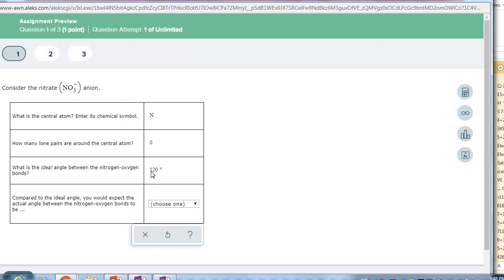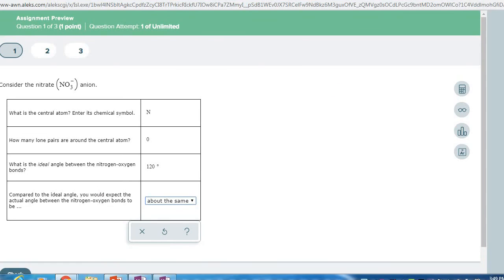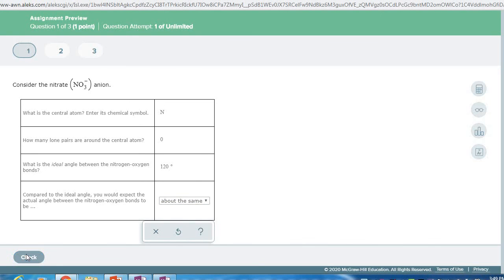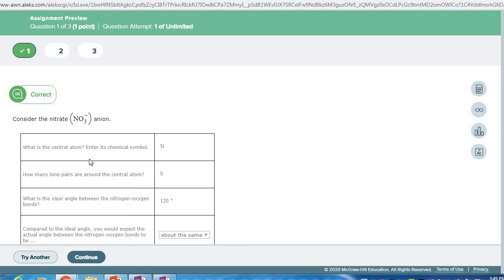We got that from our PowerPoint, and just from memorizing that for trigonal planar and AX3, that's going to be 120 degrees, and it's going to be about the same. We didn't see anything that was going to change that for those nitrogen and oxygen bonds, and so when I go ahead and check this, then Alex should give us green and tell us that we're right, and it does do that.